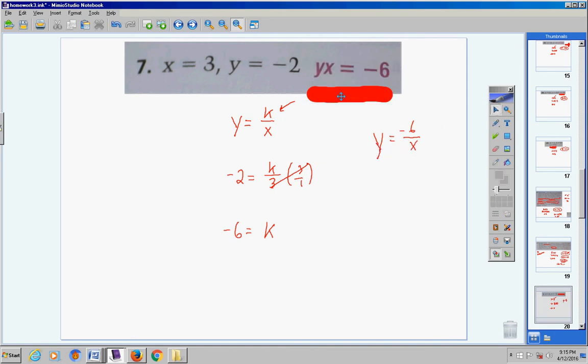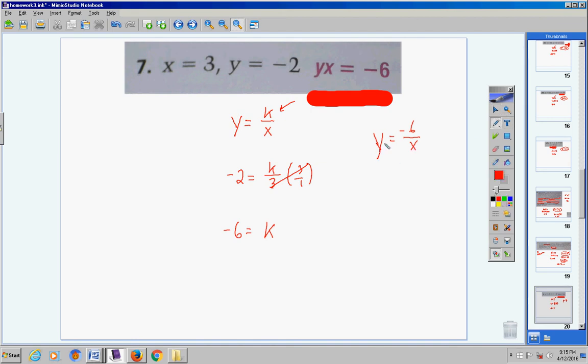Now, I know what they have here for an answer. I do not like answers in this form. This is very unusual. Almost always in most math books, you want to have y by itself. For some reason, they decided to multiply both sides by x.